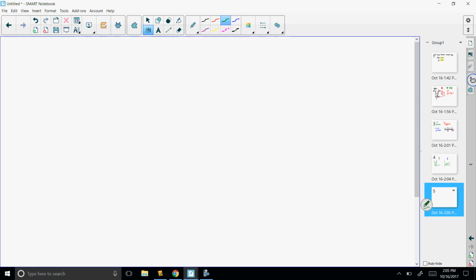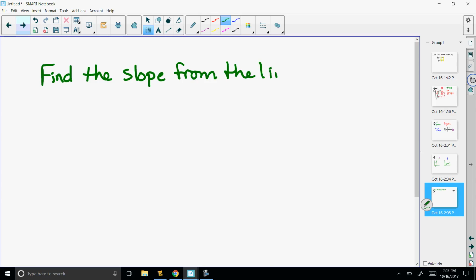Hopefully it is. What they're going to ask you is find the slope from the line passing through. So I could ask you, find the slope from the line passing through the points.